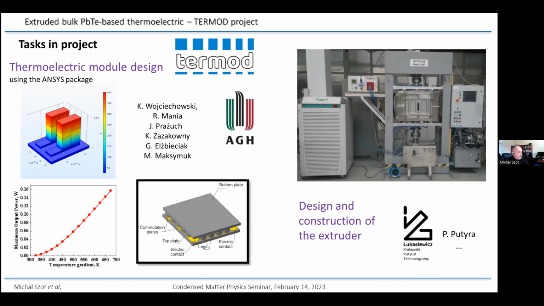Each institution had its own tasks. The colleagues from Krakow institutions' task was preparation, design of the thermoelectric module and simulating its electrical characteristics, and designing and construction of the extruder machine, which was the key element of the project.